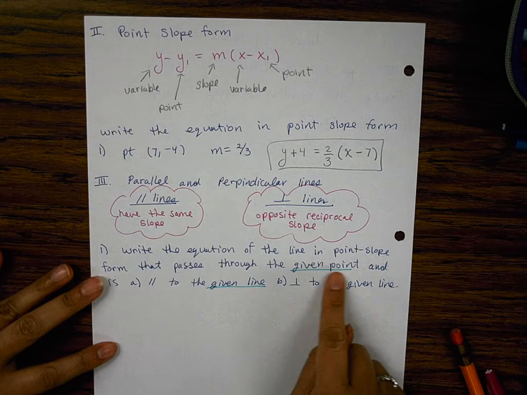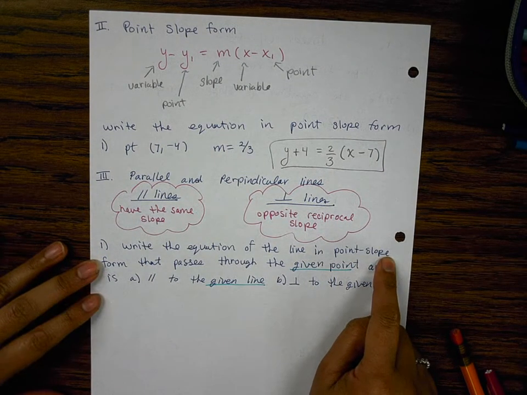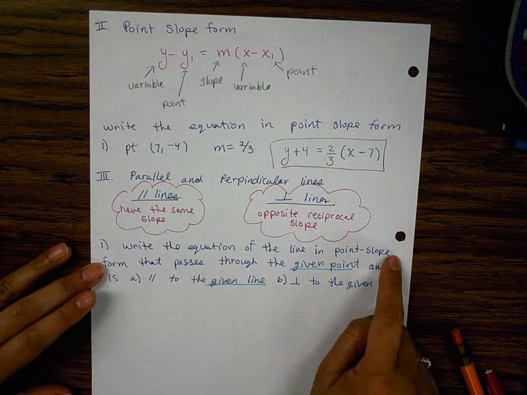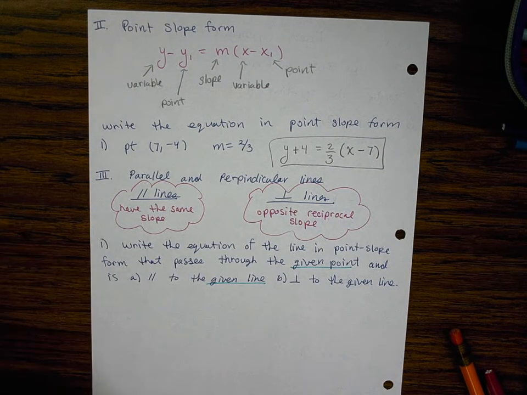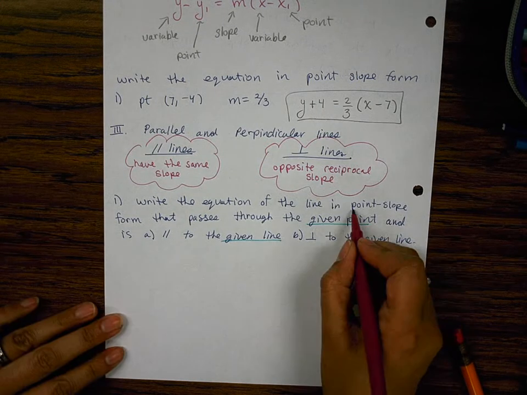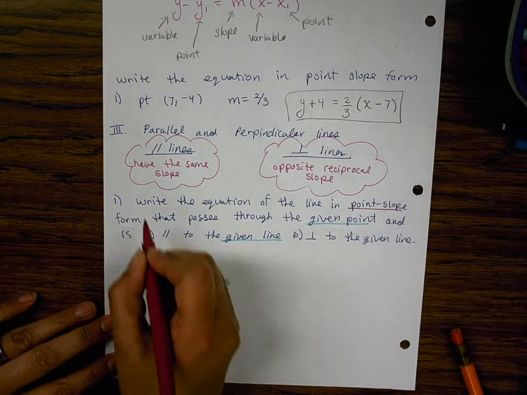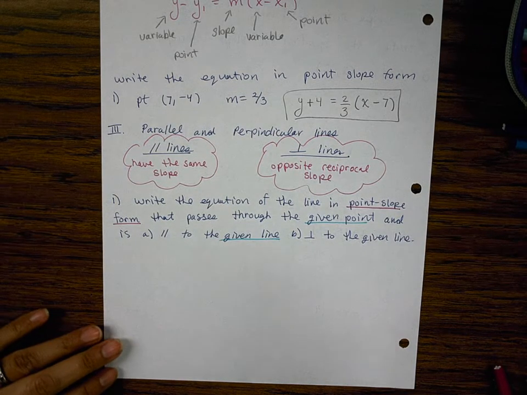One more thing. On your book page today or in class, it's going to ask you to write it not in point slope. It's going to ask you to write it in slope intercept. Don't do that. Do it the same way we did it in notes, point slope form. I will remind you about that in class, and it will be on your assignment sheet as well. So remembering, when your book says slope intercept for this type of problem, you want to use point slope.